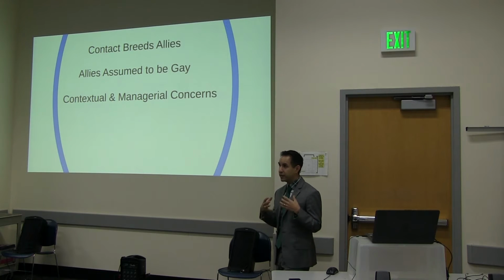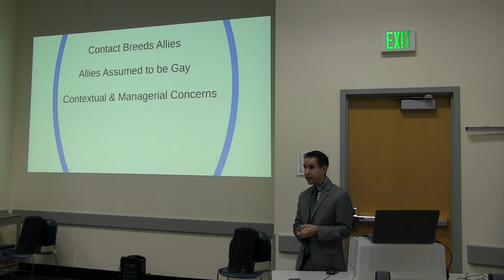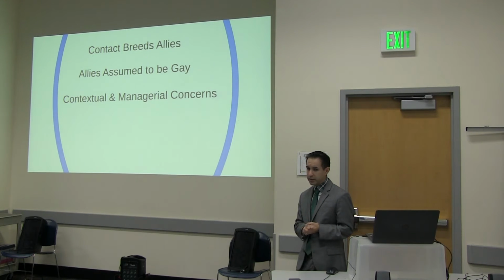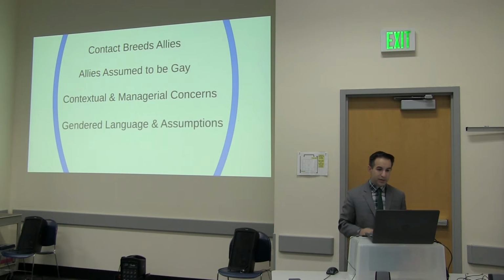So if you're going to try and be an ally or engage in allyship behaviors, it's less likely that you're going to do that if you feel like the organization's not going to be supportive of those types of things. And that certain industries are going to be more likely to be open to allyship behaviors, and that certain regions of the country are going to be more open to allyship. So that was another thing.